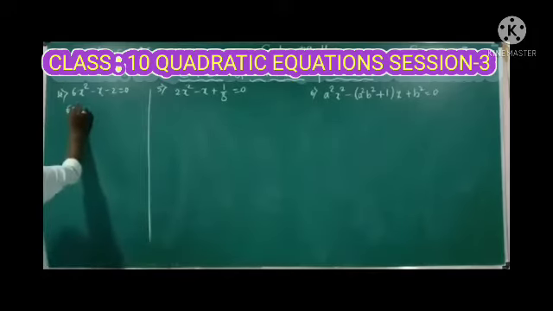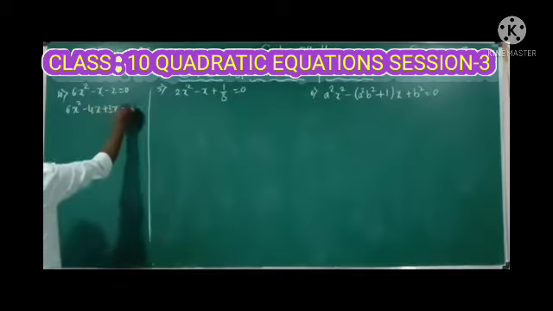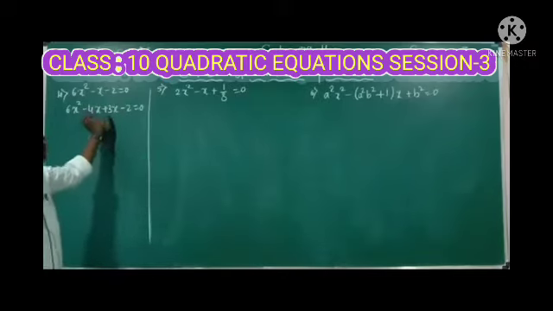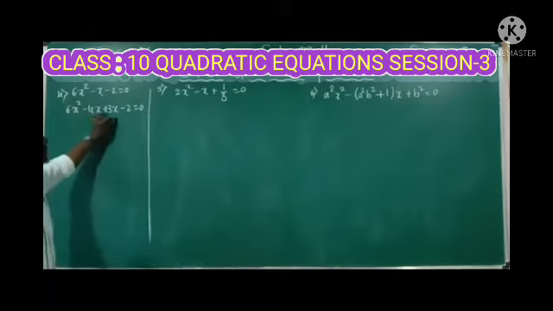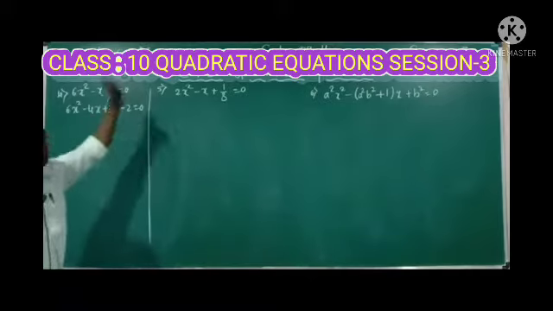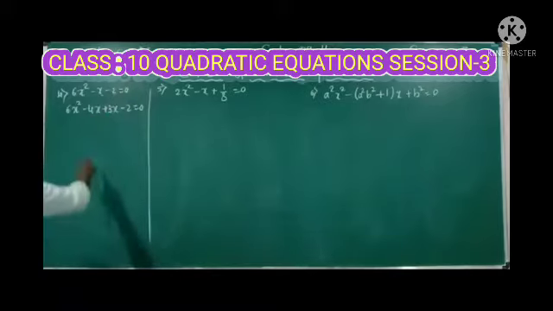So 6x square minus 4x plus 3x minus 2 is equal to 0. Just check whether the sum of these two terms is equal to minus x or not. Minus 4x plus 3x is minus x, and their product, minus 4 into 3, is minus 12, into x square. So these are the two required terms, right?